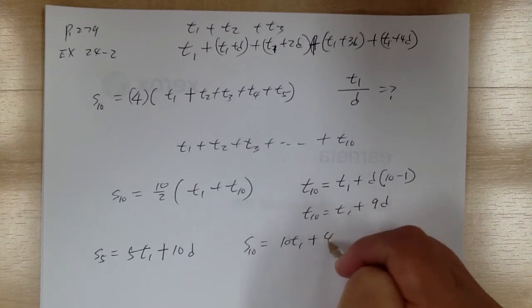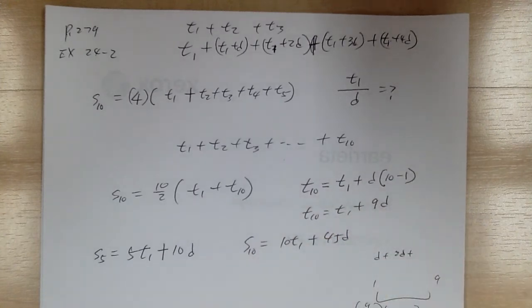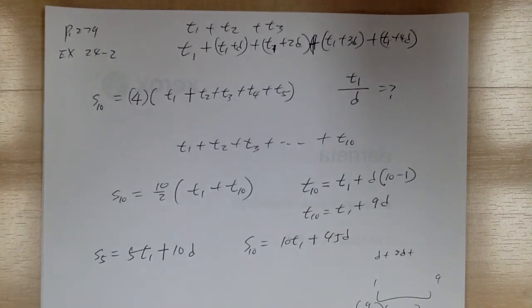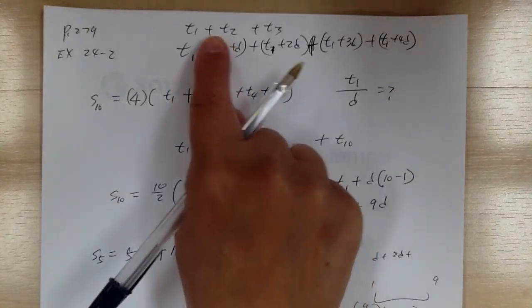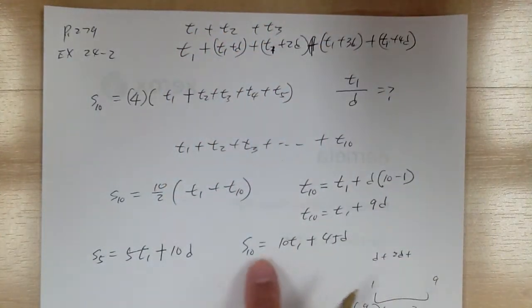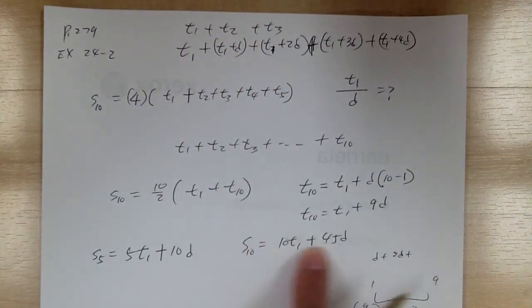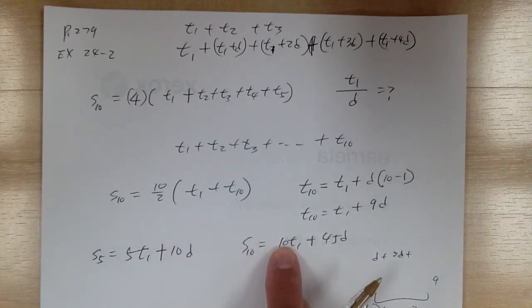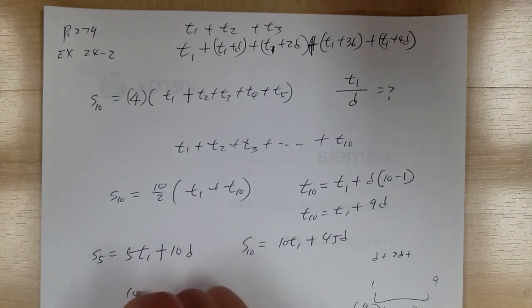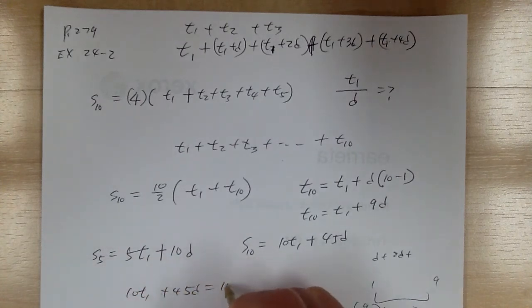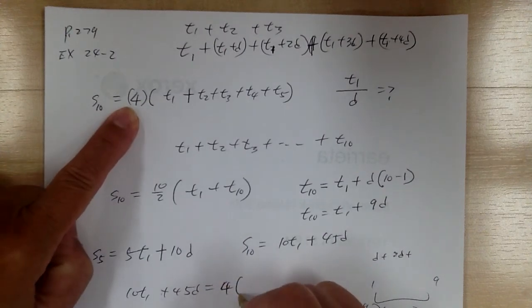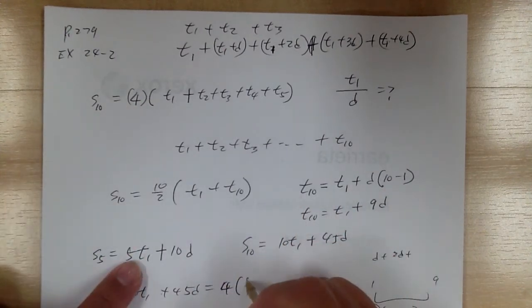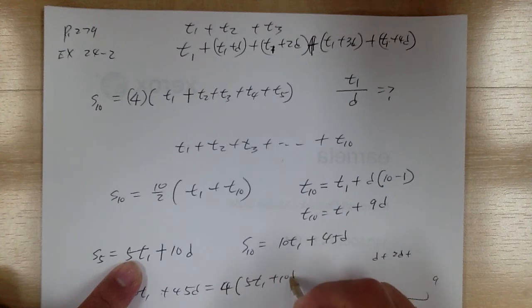So it'll be 45D. Again, if you write it out, T1, T2, T3, so if you add S10, that's what you're going to have. So you don't even need this one over here, and then this will be equal to 4 times that. So 10 T1 plus 45D equals 4 times 5 T1 plus 10D.